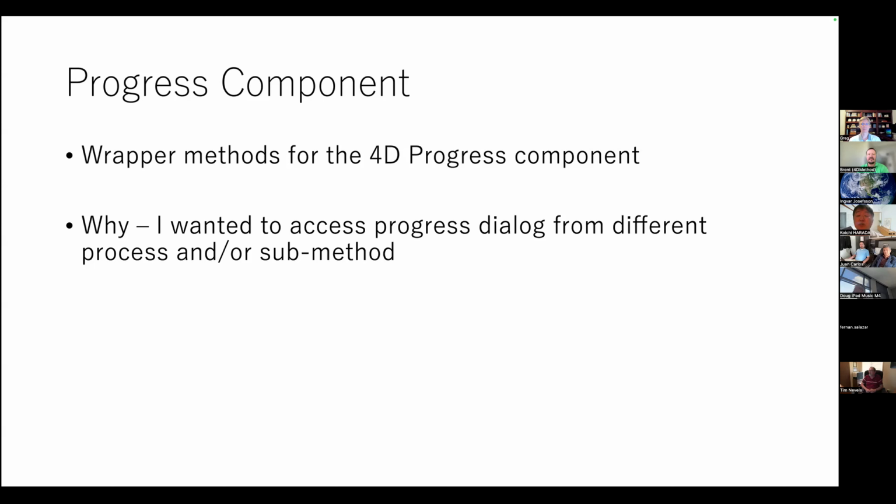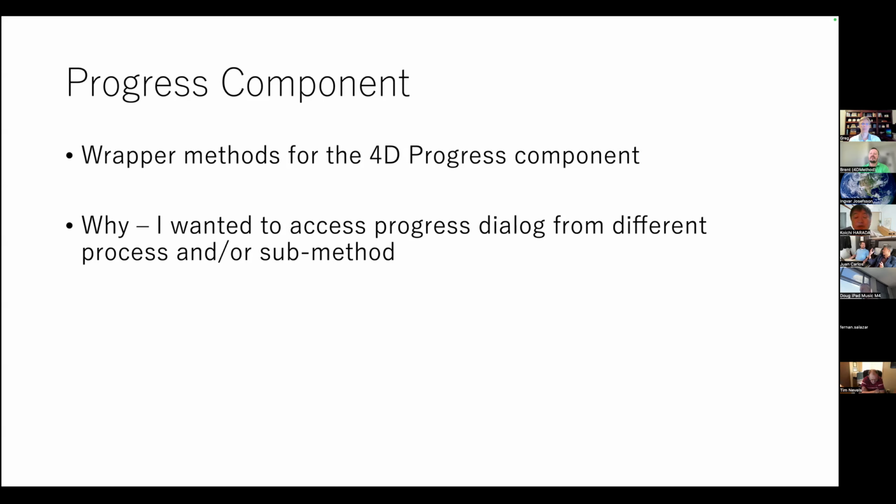When using the 4D progress component, the progress ID is the identifier, and it's usually stored in a local variable. But there are times when I want to access the progress dialog outside the scope of the local variable. For instance, let's say I have a method that breaks down a long process into sub-methods and calls them from the parent method.